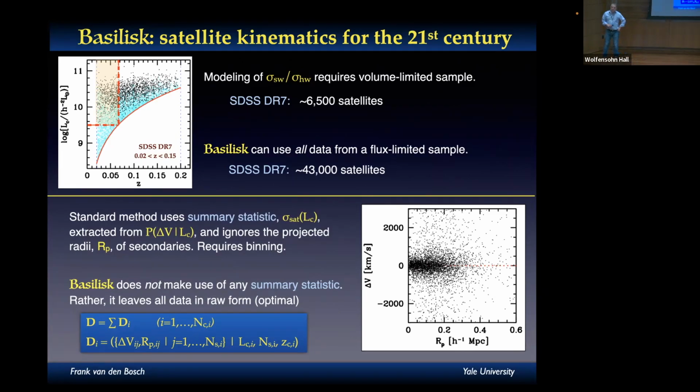It just uses the data in its raw form. And what is that raw form? For each central, I have a set of data for all of the secondaries. For each secondary, I have a measure of the velocity difference along the line of sight and a measure of the projected separation. And I'm just going to ask, given a model for the conditional luminosity function, what is the probability that I get that data? What is the likelihood? I'm going to maximize my likelihood. Okay. That's how it works.